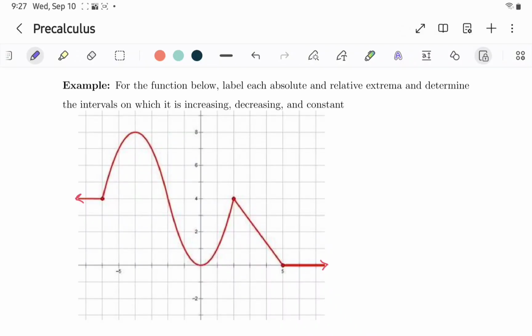Okay, so now I'm just going to have us mark some points that we see as either high points or low points on the graph, because these are going to be essentially our candidates for the absolute or relative extremums.